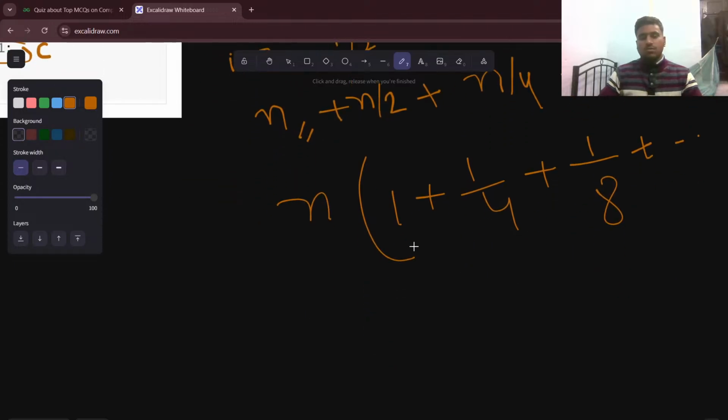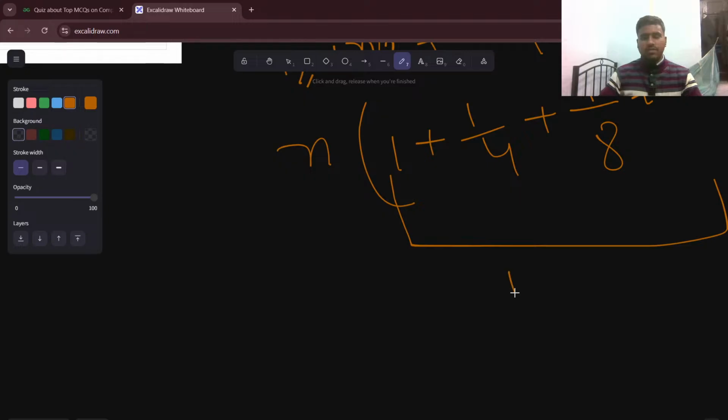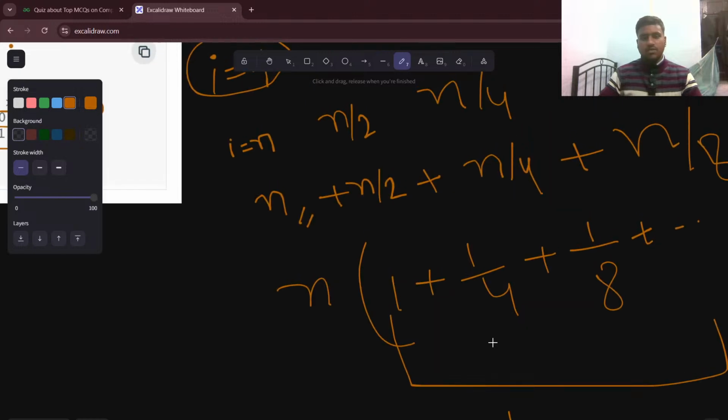So this is the standard GP summation problem. The summation of this GP is a divided by r minus 1. What is r? R is actually 1 by 2.